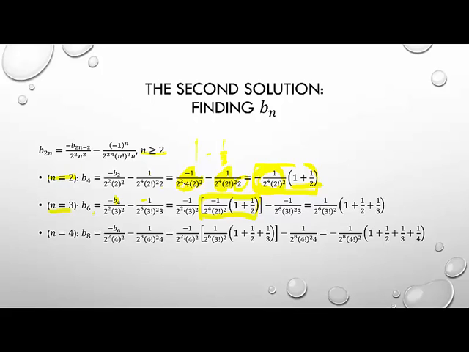Well, it turns out that this term becomes a positive 1. The 2 squared and 2 to the fourth become 2 to the sixth.